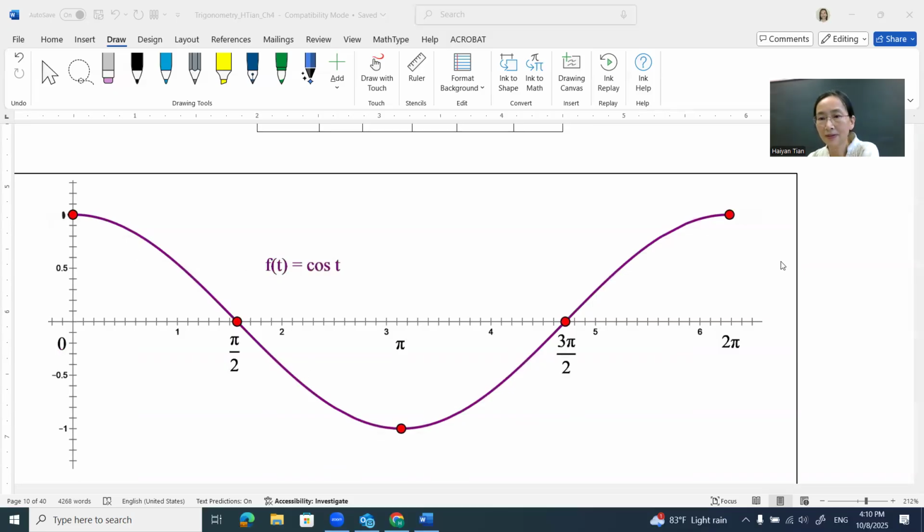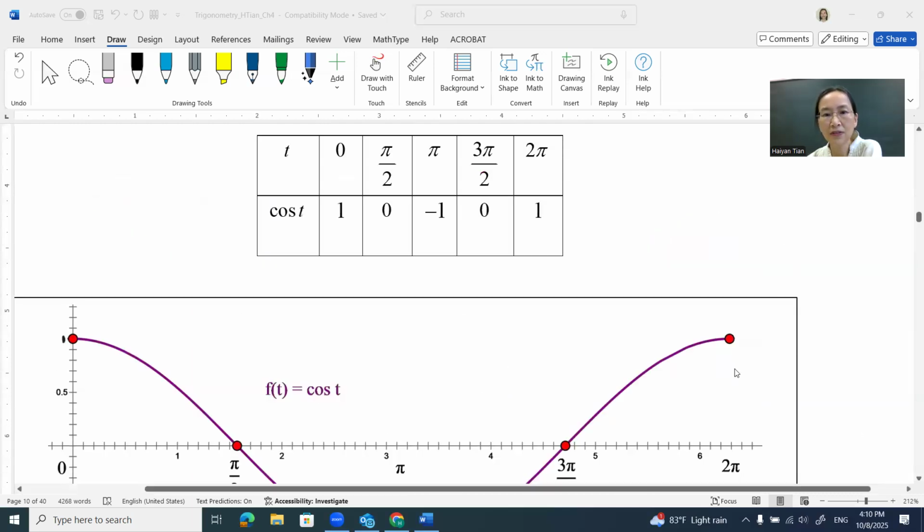Highlighting the curve feature, right? From largest value to decreasing to 0, and then continue to decrease, -1. And then from there, increasing to 0, and you continue to increase to +1. So that's one complete cycle over the interval from 0 to 2 pi.